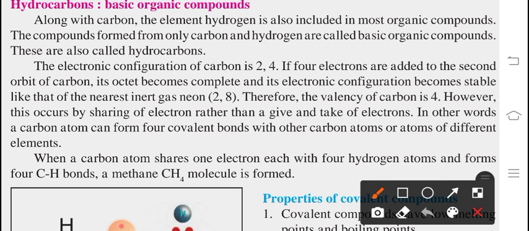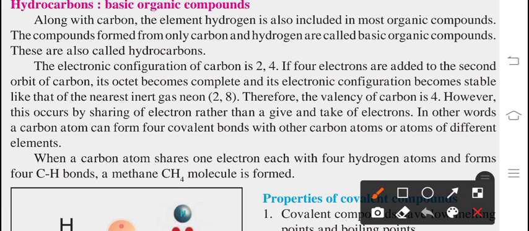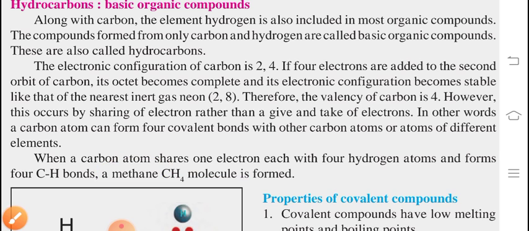To complete its octet, carbon needs to share electrons. When a carbon atom shares 1 electron each with 4 hydrogen atoms and forms 4 C-H bonds, a CH4 molecule is formed, and the CH4 molecule is named methane.